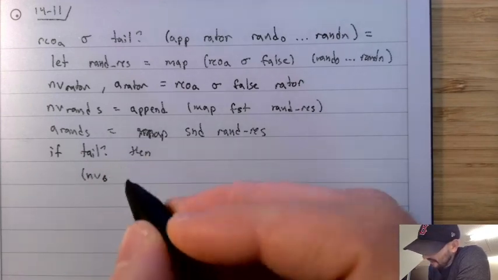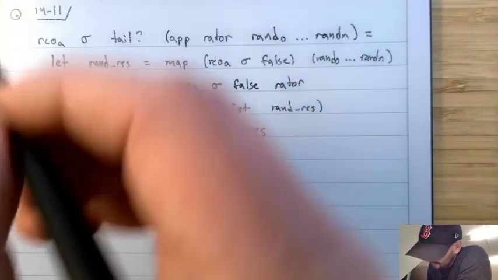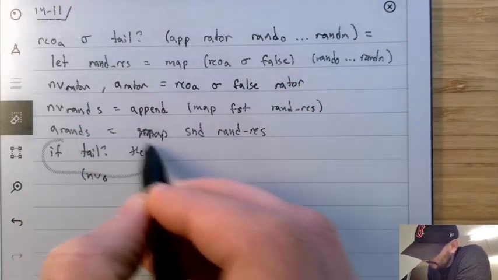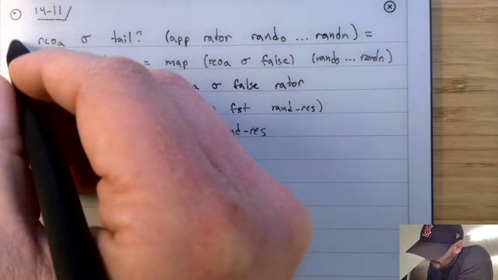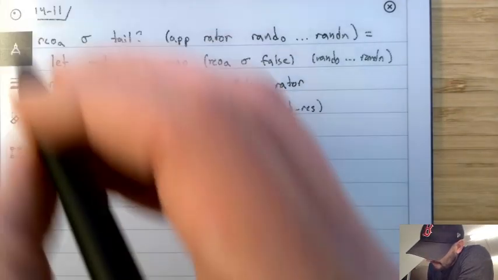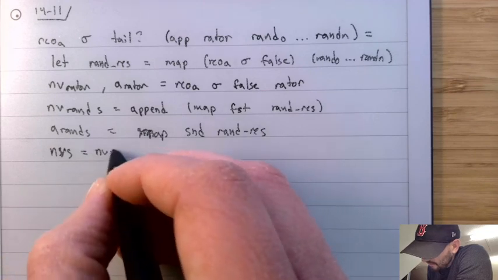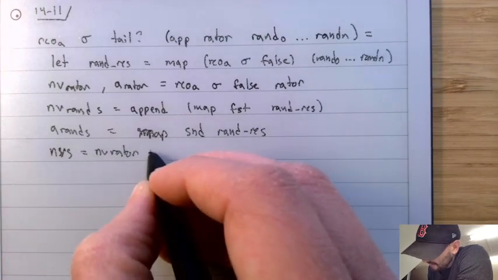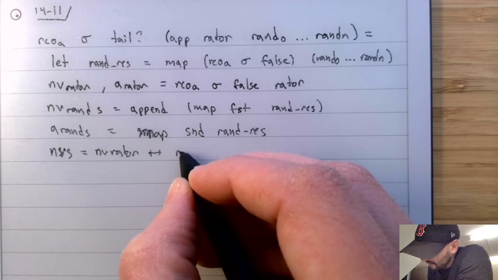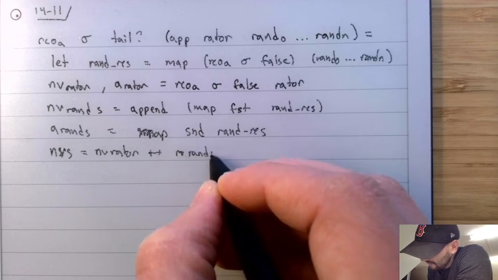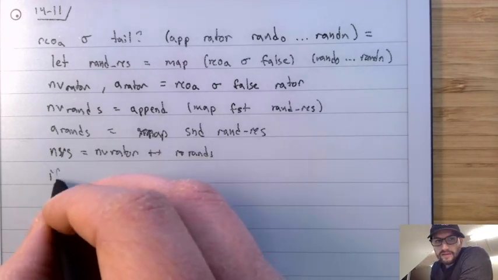Oh yeah, sorry. Let me erase this and then I'll rewrite it. And then the new variables are just the new variables for the operator combined with the new variables for the operands.